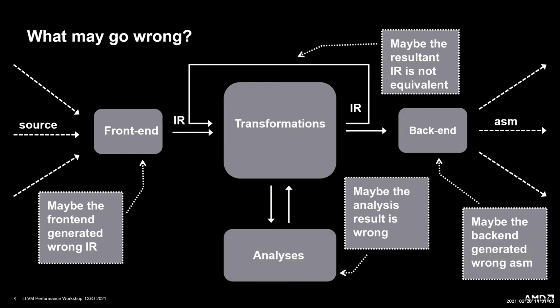And then we can say that maybe the analysis results are wrong. But for all these things, for the compilers that are already used in production, like LLVM and GCC, these things have already been figured out and worked upon. If the front end is not generating the right IR, then it is very probable that someone must have already fixed that, because someone might have already noticed that.